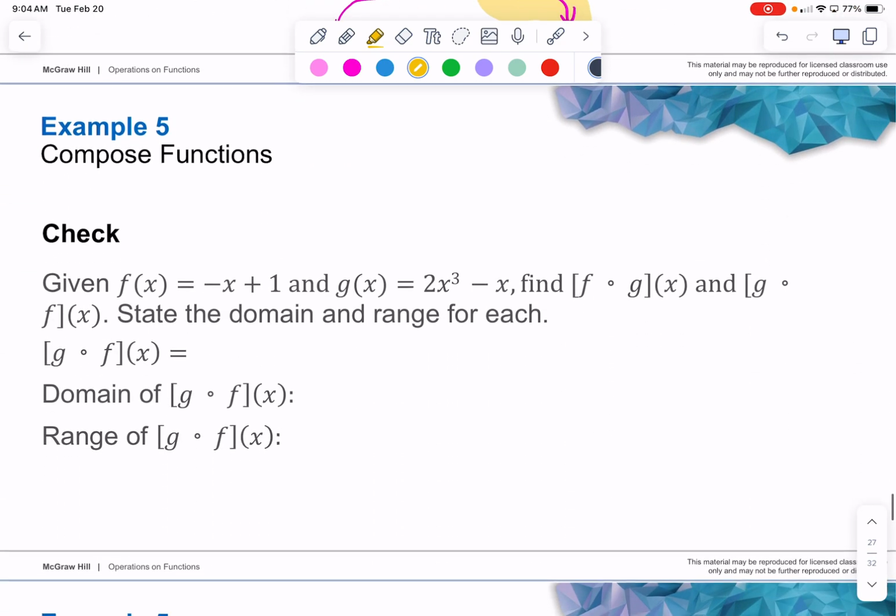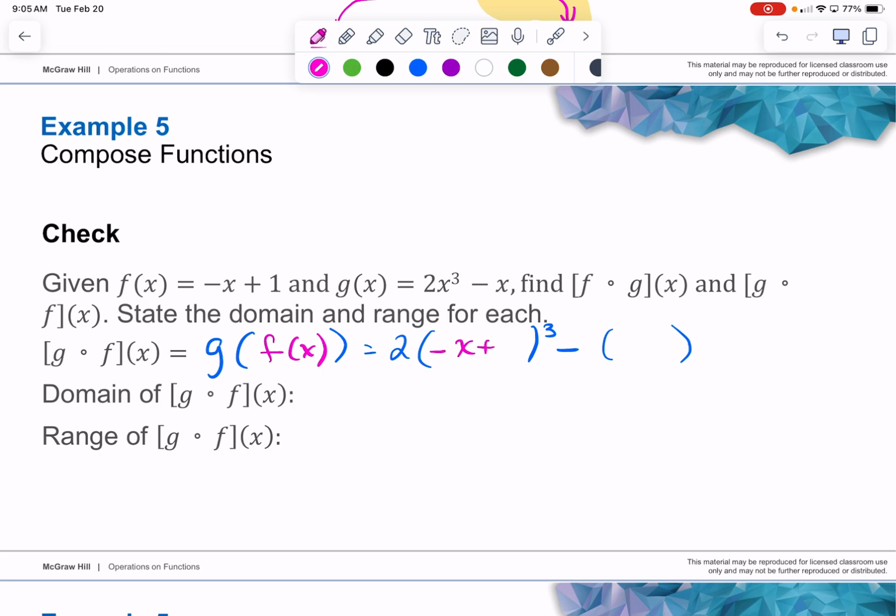Now we're going to do the opposite of that. So we're going to have g, whose input is f of x. So we're going to have the structure of g, 2 times stuff cubed minus stuff. And the input is going to be all of f, so negative x plus 1.